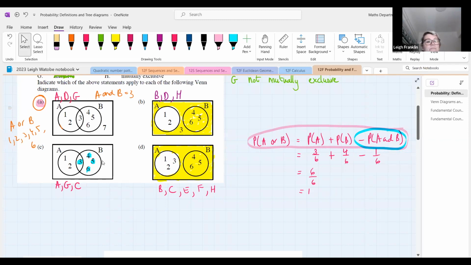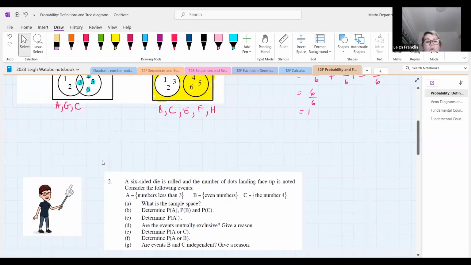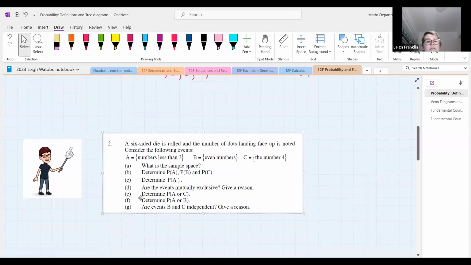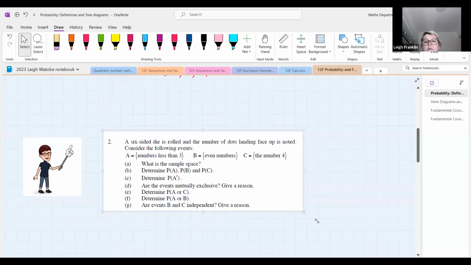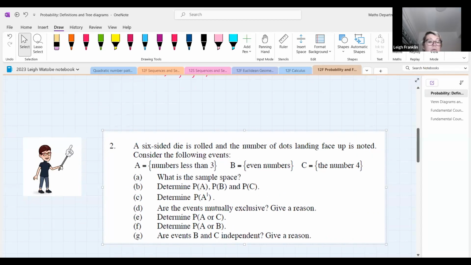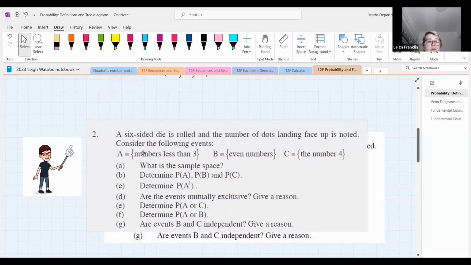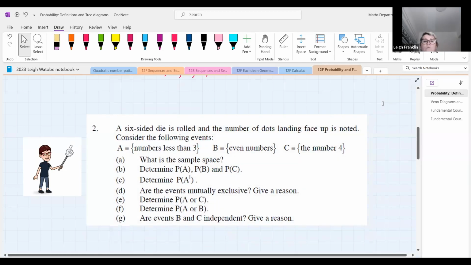Okay. All right, let's go on and have a look at something else. In this example, we are considering a 6-sided die. It's rolled and the number of dots landing face up is noted.